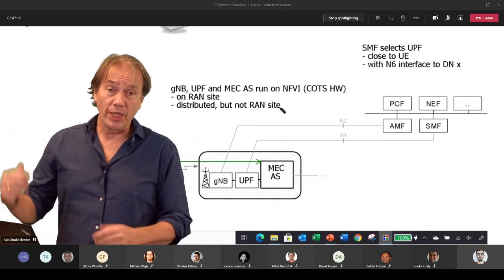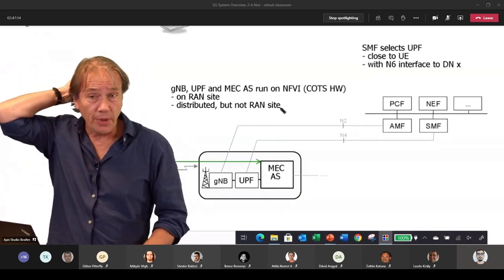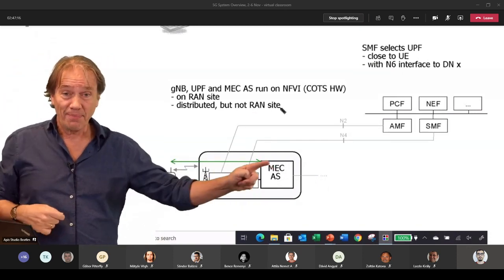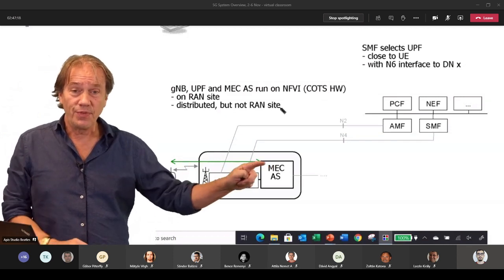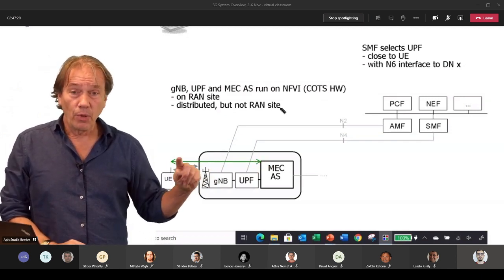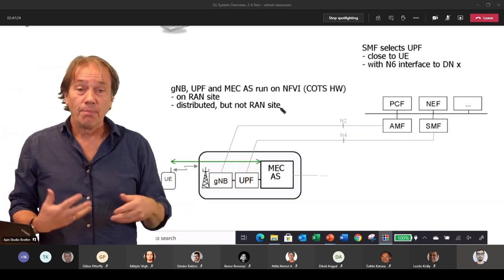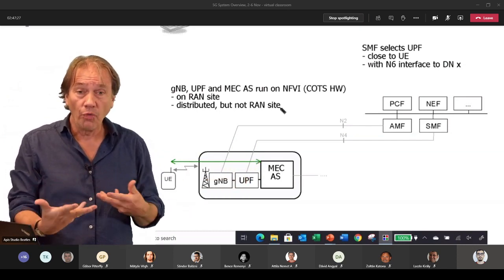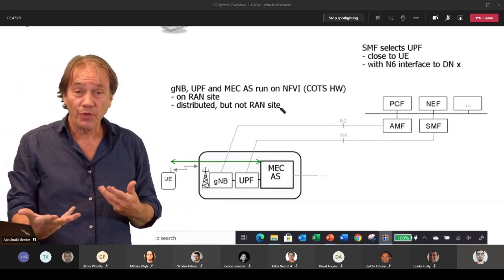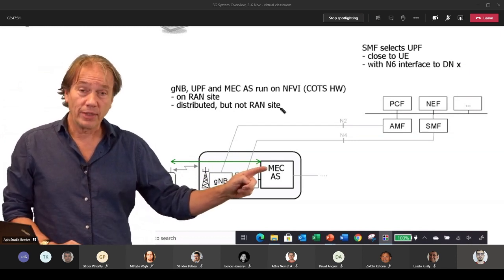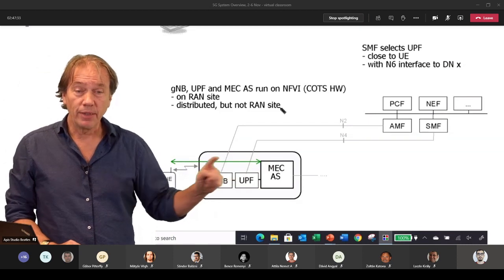And once again, when we talk about edge computing, we talk about the green line. I mean, this is where we want to have a short latency. This is where we have possibly some heavy content, very bandwidth demanding content, and we want to keep the user plane short.